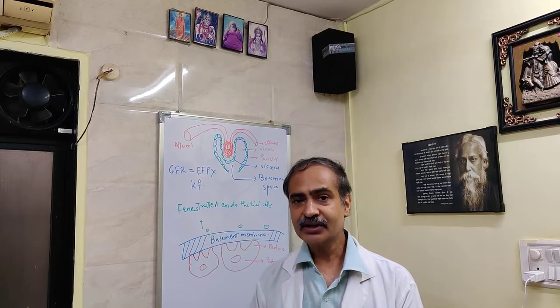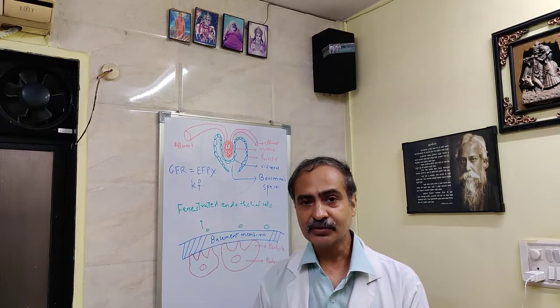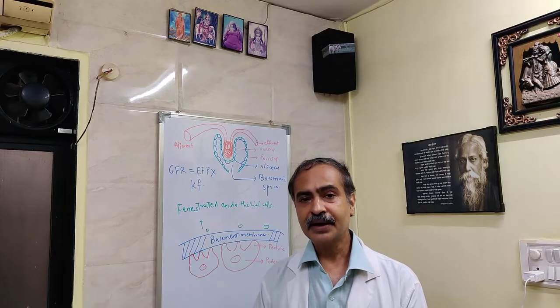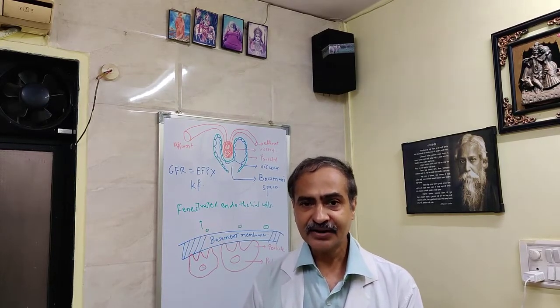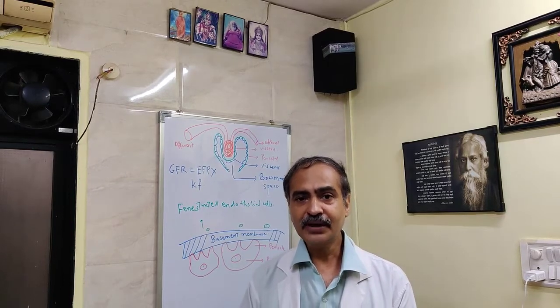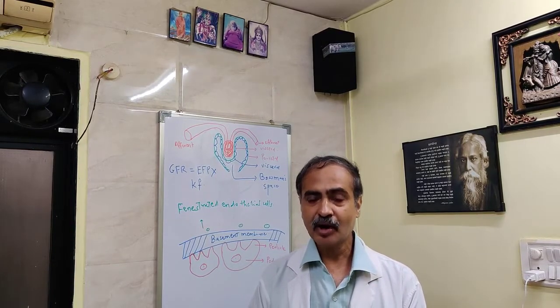And this high hydrostatic pressure, which is a driving force present in the glomerular capillary bed, is achieved because of, one, the renal artery is a branch of abdominal aorta. It is a direct branch, and abdominal aorta is a high pressure system.